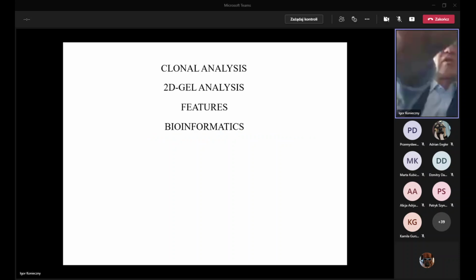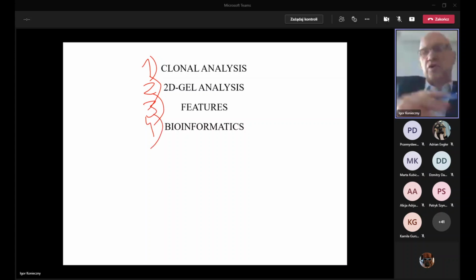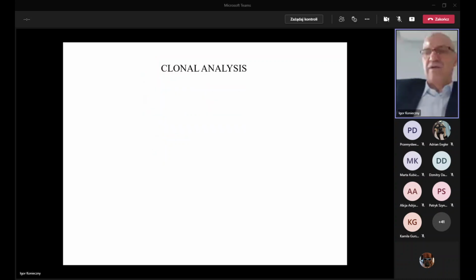So we'll go through it. The first is clonal analysis, then 2D gels, then third is features, and the fourth is bioinformatics, which could be applied to identify the DNA replication initiation sites, origins of replication.